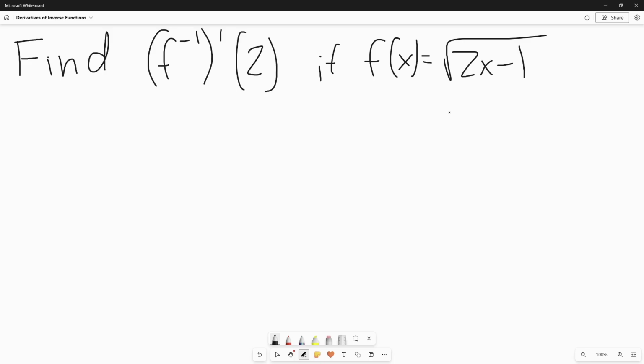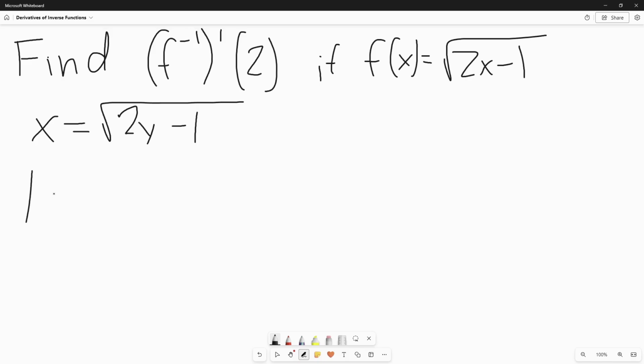Let's do both. So first, I'm going to rewrite this as x equals square root of 2y minus 1 and take the derivative using implicit differentiation. And by the way, if you don't know what implicit differentiation is, then I would suggest going to watch our video on it because it's pretty essential when using this method.